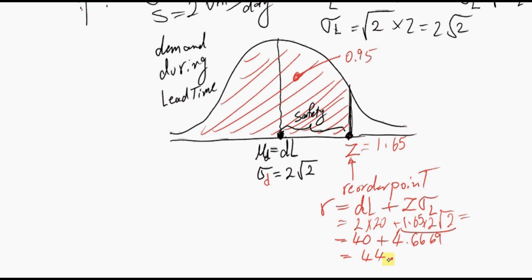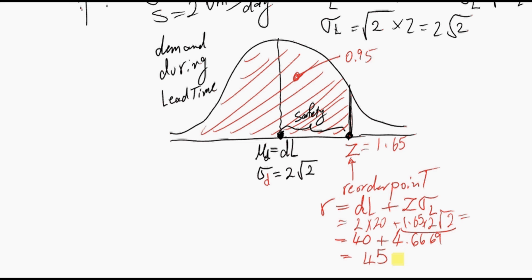That means that we will ask our inventory manager to put a purchase order whenever we are at 44.6. We cannot order a fraction of a product. So what should we do? Again, we want to be on the safe side, so we say whenever we reach 45, put your purchase order.